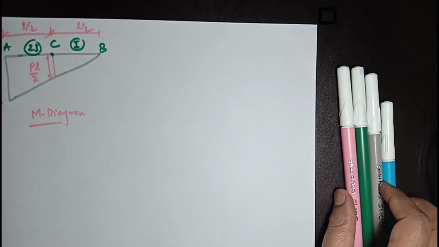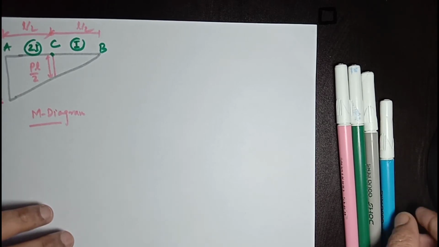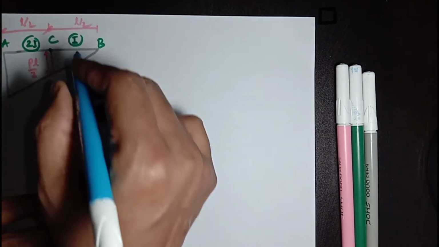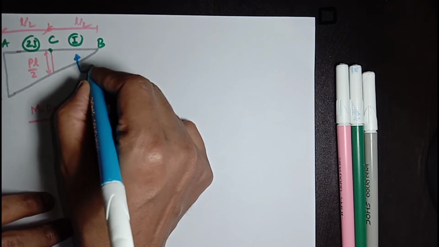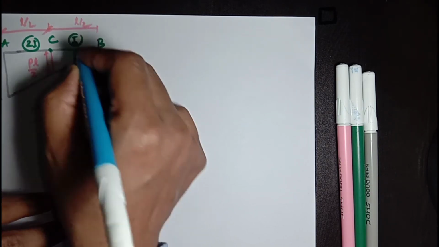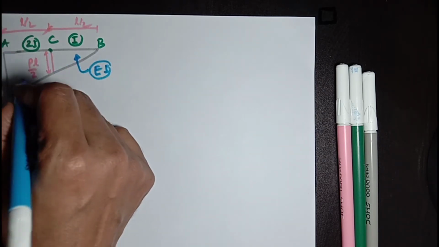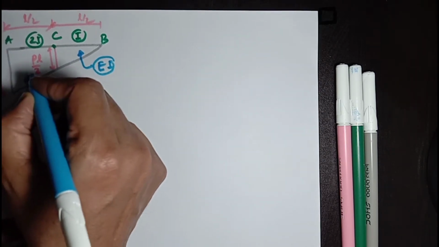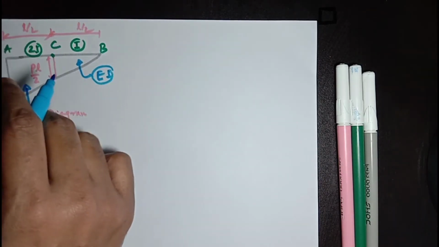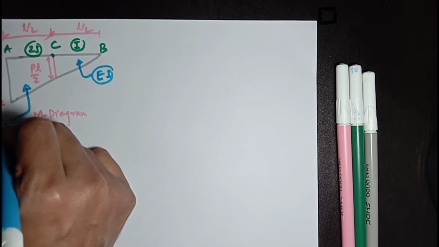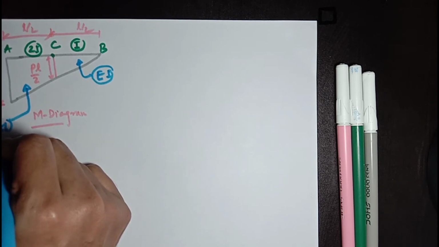So in order to develop the M over EI diagram, this part of the beam has a flexural rigidity EI, E multiplied with the moment of inertia I, and the CA part has a flexural rigidity E multiplied with twice I, which gives twice EI.